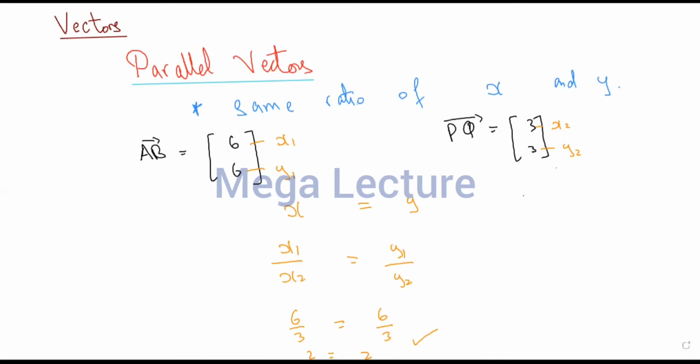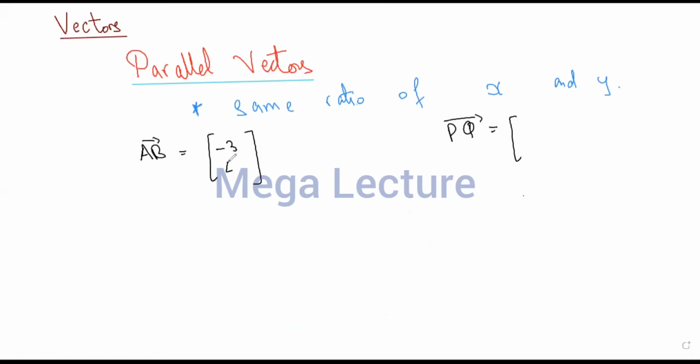Okay. Let's talk about one last example for this case. -3, 4, and 6, -8. Okay. Now again, we need to see if AB and PQ are parallel or not. So we will do x1 by x2 equals y1 by y2.